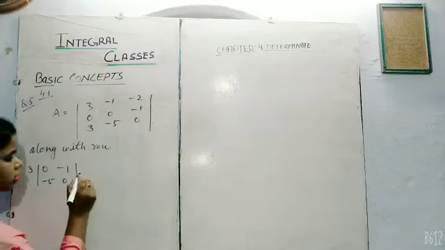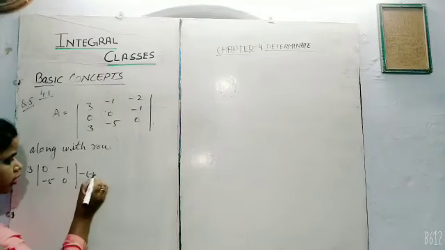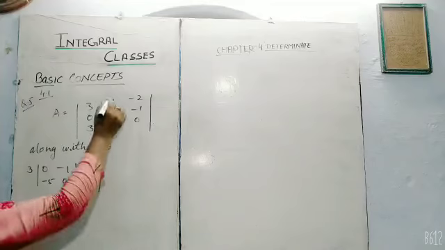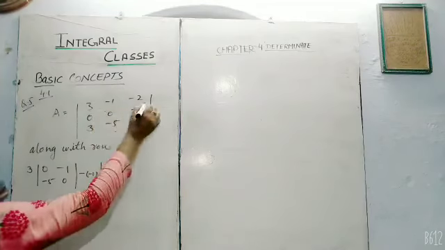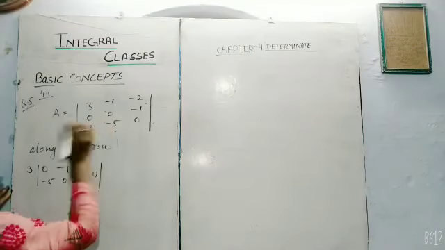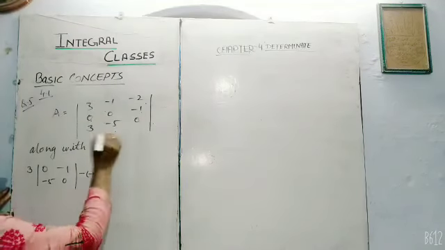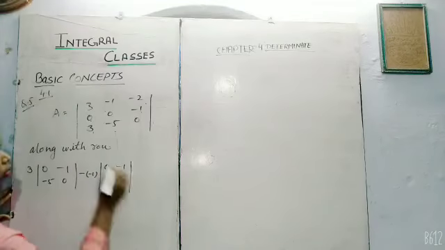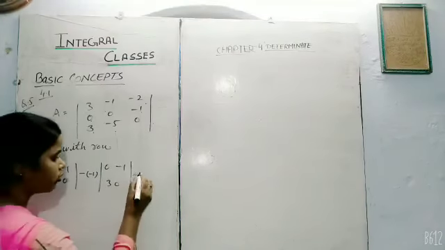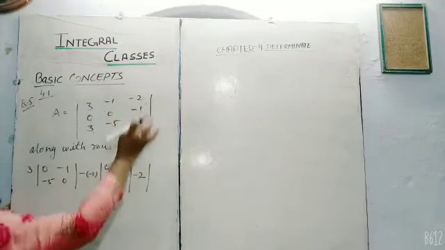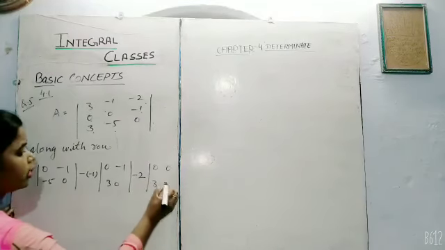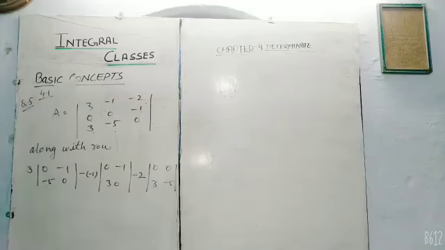Here is the minus position, and minus also here, then minus 1. The second column and first row are deleted, so the elements are 0, minus 1, 3, 0. Now the third column and first row are deleted, the remaining are 0, 0, 3 and minus 5.